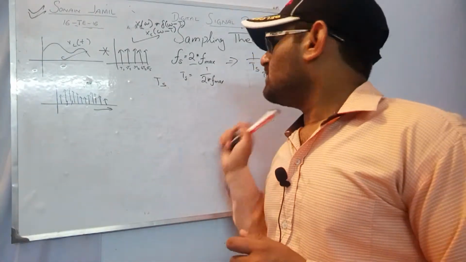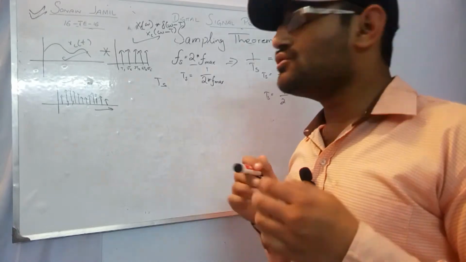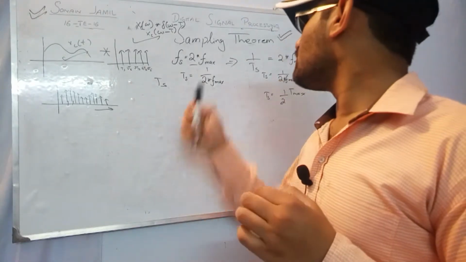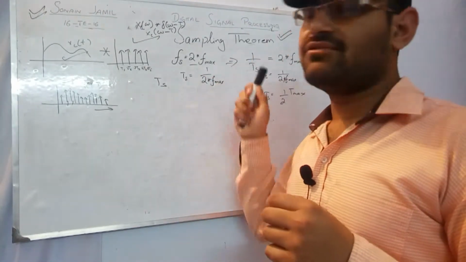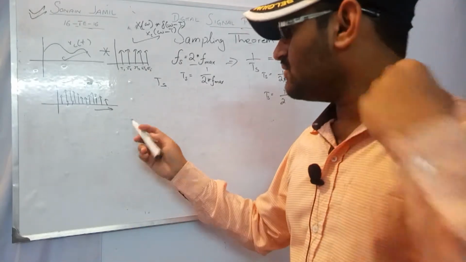So if we want to reconstruct the signal, the sampling frequency should be at least twice the maximum frequency in the signal. What does it mean?